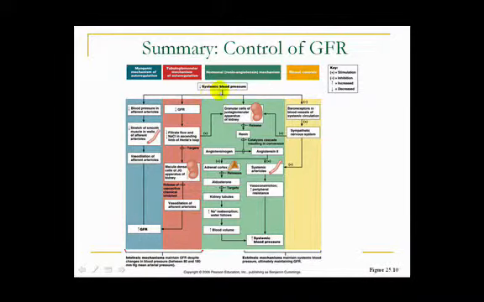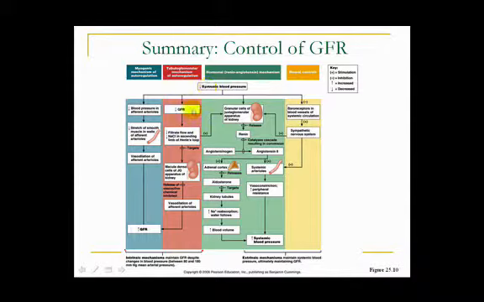So let's say your systemic blood pressure drops. Now, if it drops and it's somewhere between 80 and 180 millimeters of mercury for your mean arterial pressure, then your intrinsics are going to work. So that means blood pressure would drop in your afferent arteriole, and that would cause the afferent arteriole to dilate to bring your glomerular filtration rate back to normal.